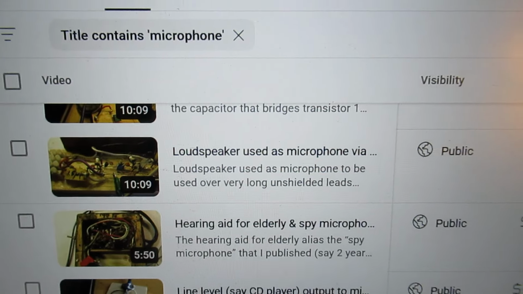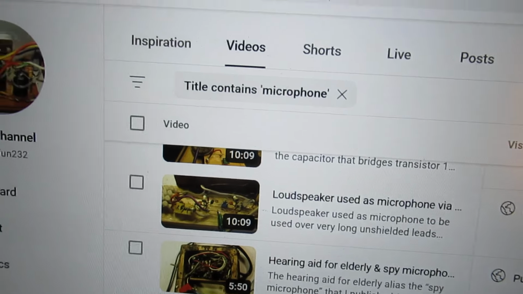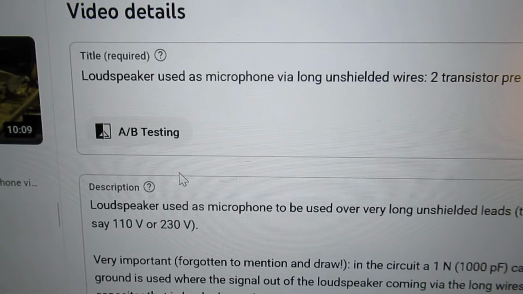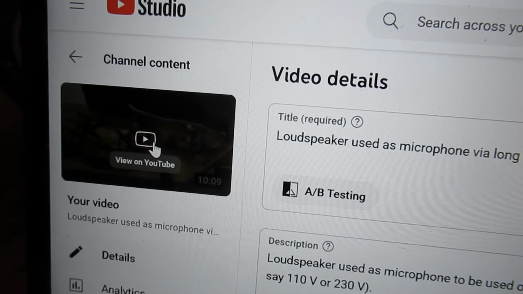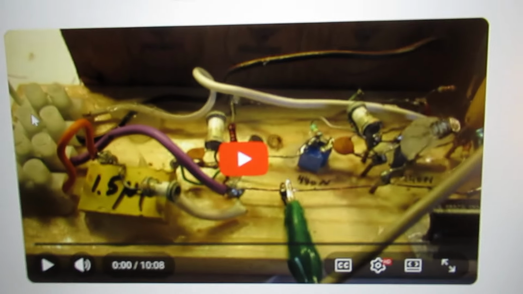It is quite old, but I think I don't have to publish that schematic completely again, but we can play the video. I can play the video and then look at what I've told and talk more about it.